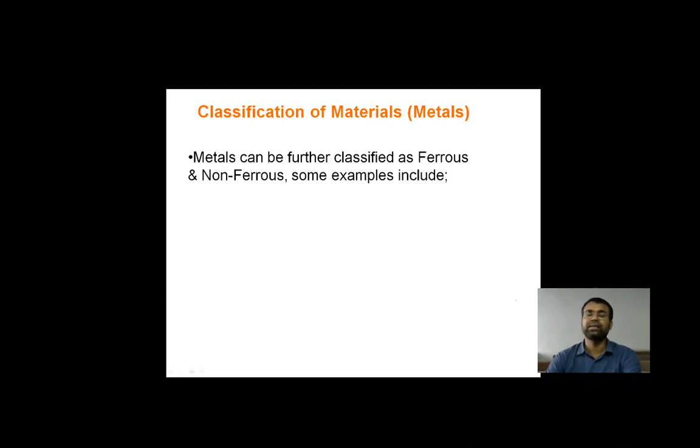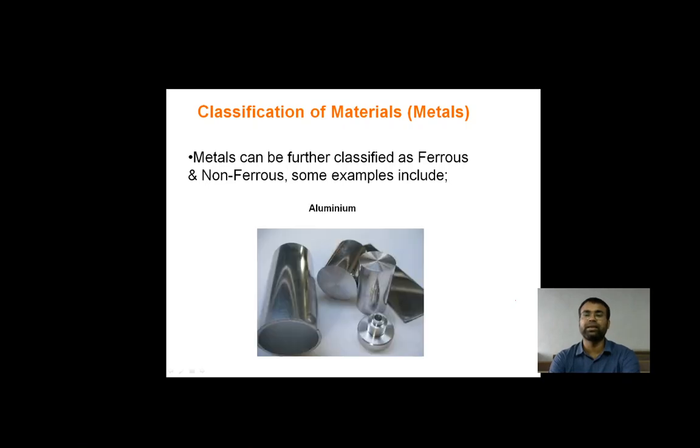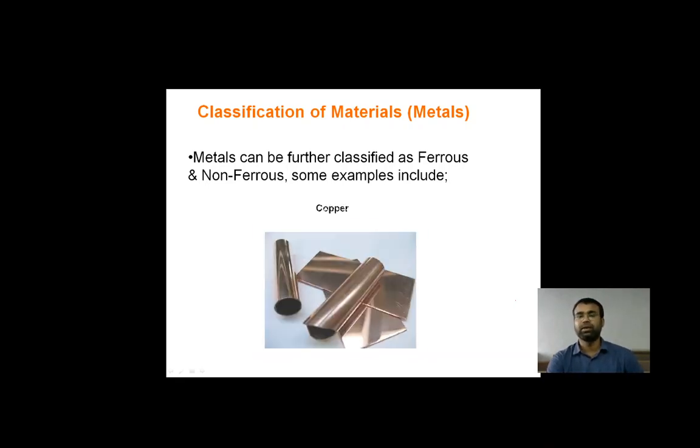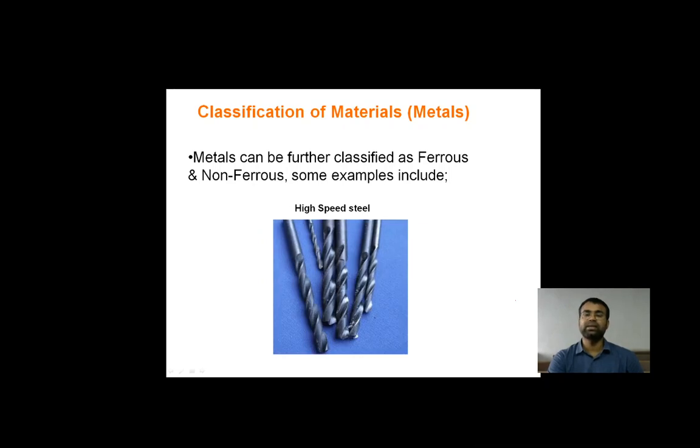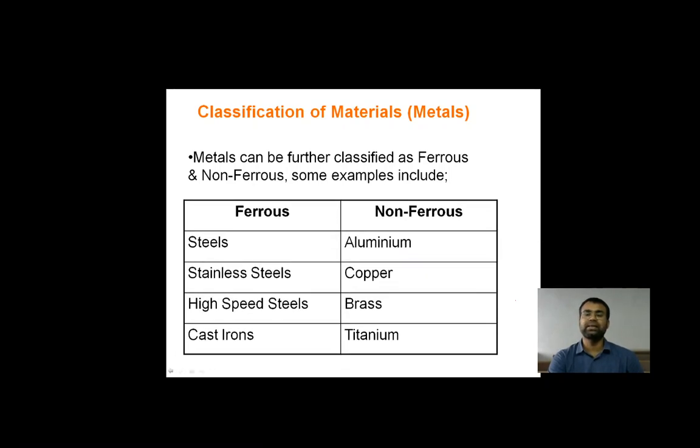That is the ferrous and the non-ferrous. Some examples include aluminium, copper, brass, high speed steel, stainless steel. So these are the various categories which are used to create various kinds of components, which are very helpful for making various products to maintain our daily life.